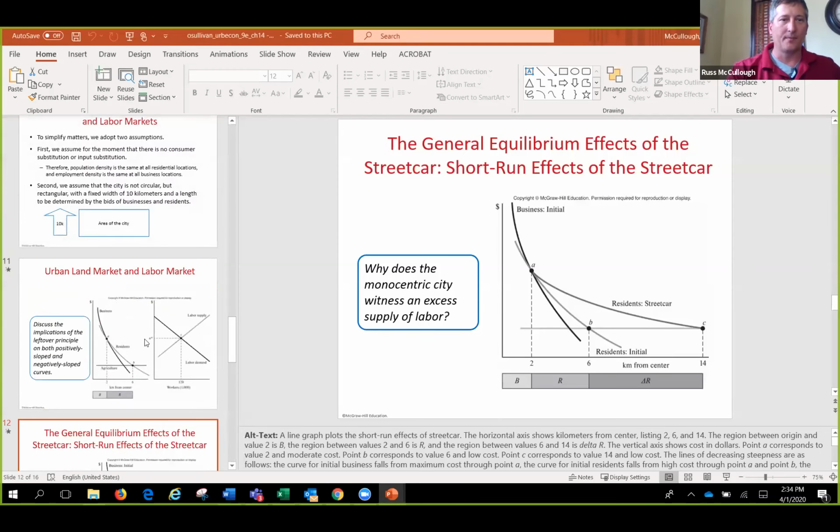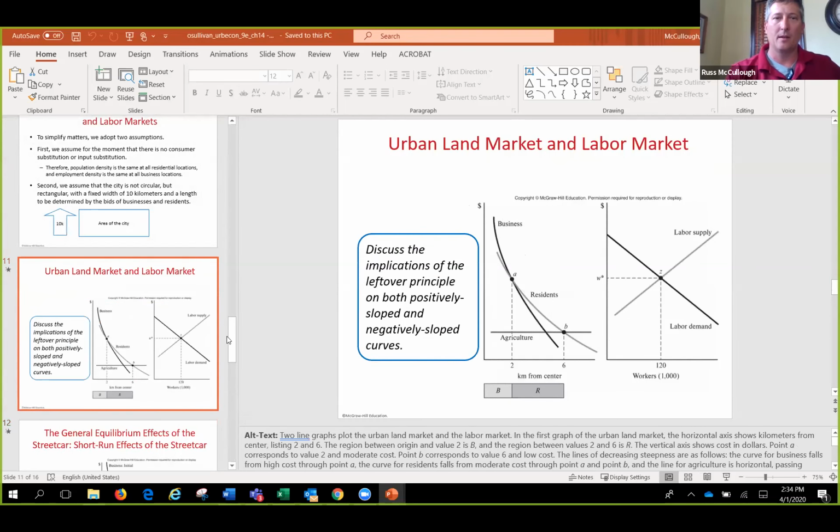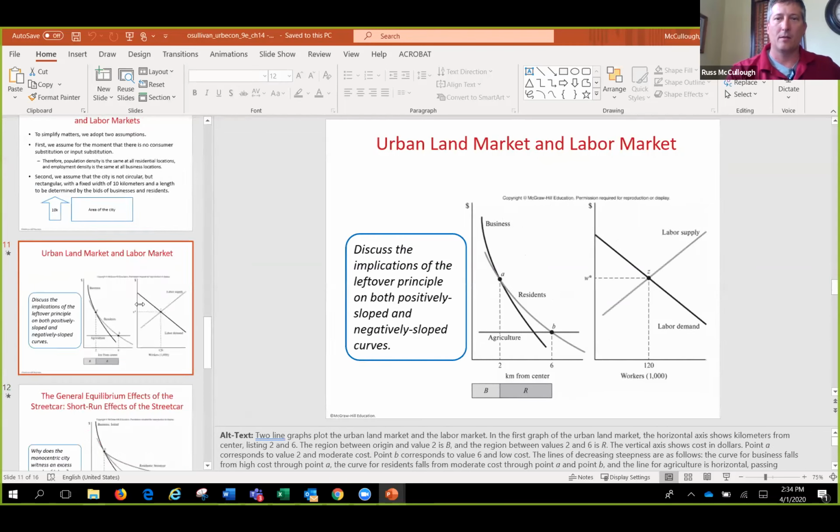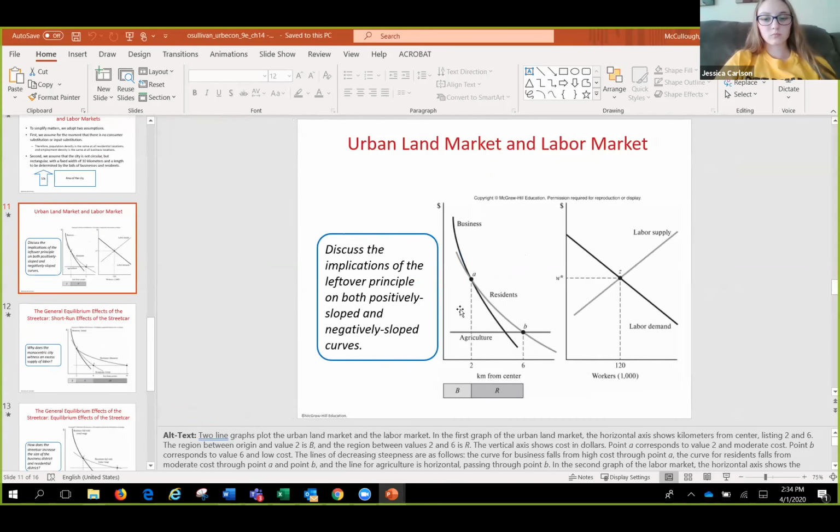Whoops. Let's see. This one. So this is the picture that I was drawing as we went, but that's figure 14.3 from the textbook. I would draw a big picture when you get into your homework for this because it gets kind of muddy pretty fast. I'm going to try to do it here. So we had, remember, an increase in the labor supply led to a decrease in the wage.